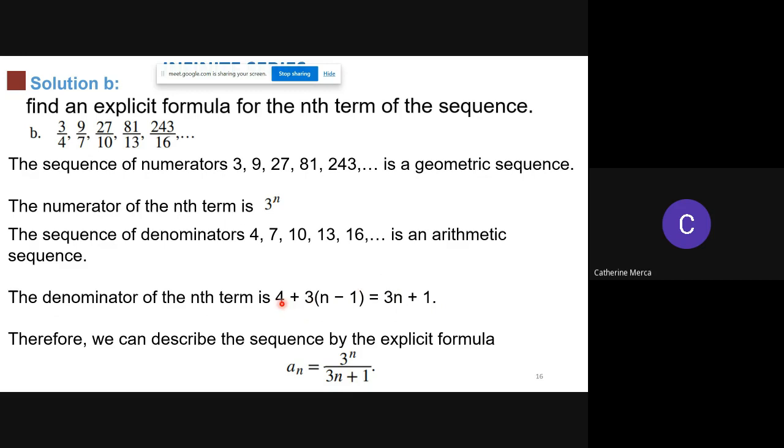So how did we get this? Again, you make use of the previous topic you discussed kanina on how to find the formula for your arithmetic sequence. So dapat ma-recognize na siya pagkakita ninyo para mahanap ang explicit formula for the nth term of the sequence.